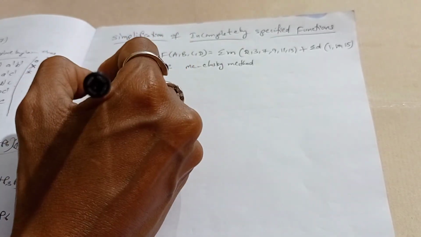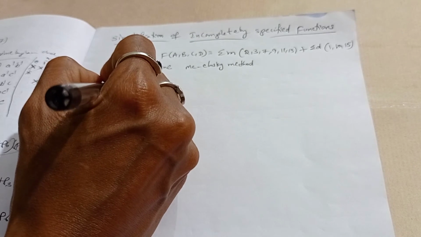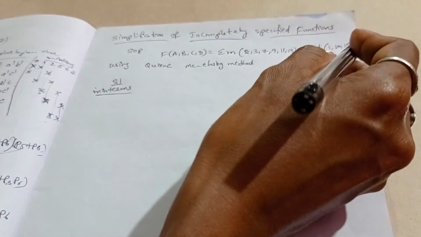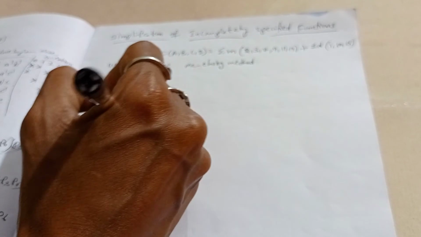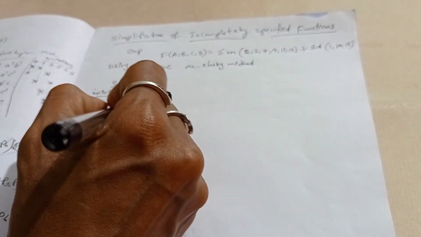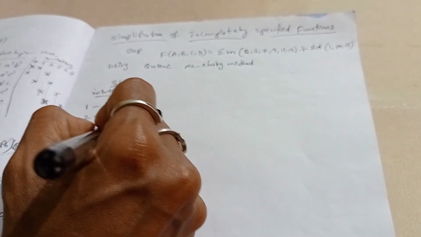So the first stage is stage 1. Write the minterms grouped according to the number of ones. We need to consider don't cares also. So 1 is 0, 0, 0, 1. Next 2 is 0, 0, 1, 0. 3 is the next group, 0, 0, 1, 1.